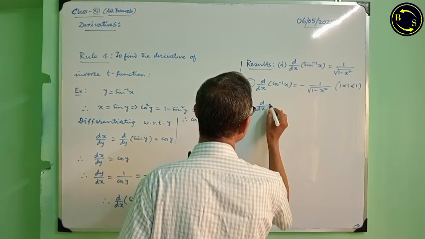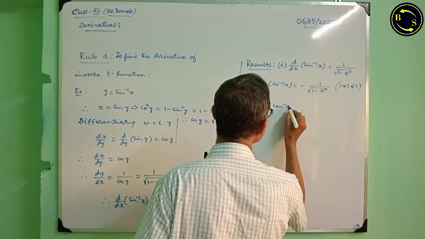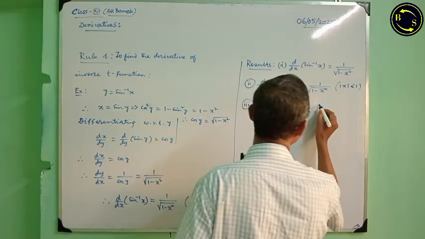Then d/dx of tan inverse x, that is equal to 1 by 1 plus x square.